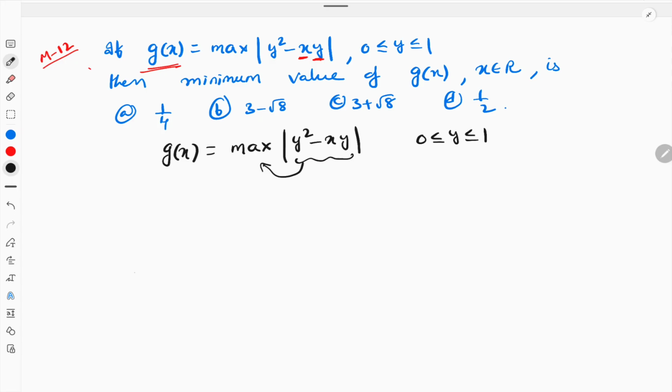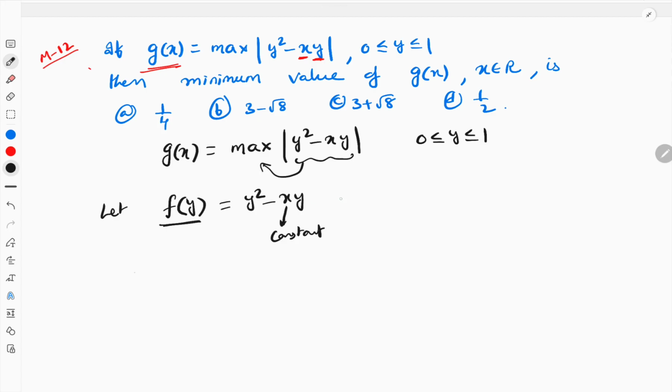Let us call this y square minus xy as f of y. So let us assume f is a function of y where x will be treated as constant.